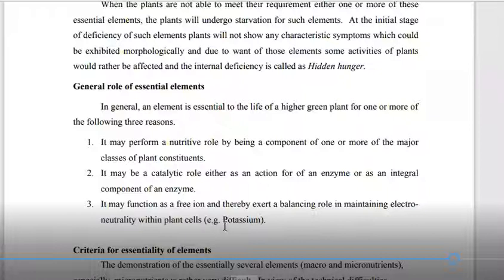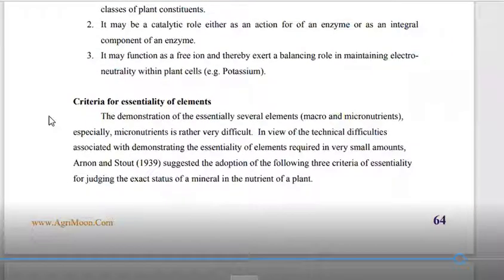So these are the three important general roles performed by the essential elements for the growth and development of a plant. And then another, the criteria. Already we discussed the criteria given by Arnon and Stout, the three important criteria.